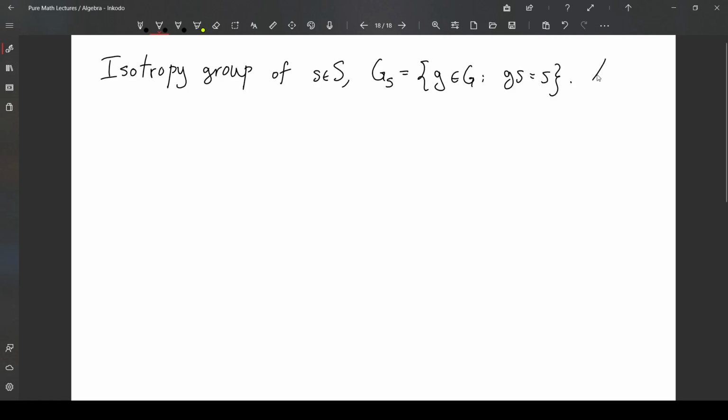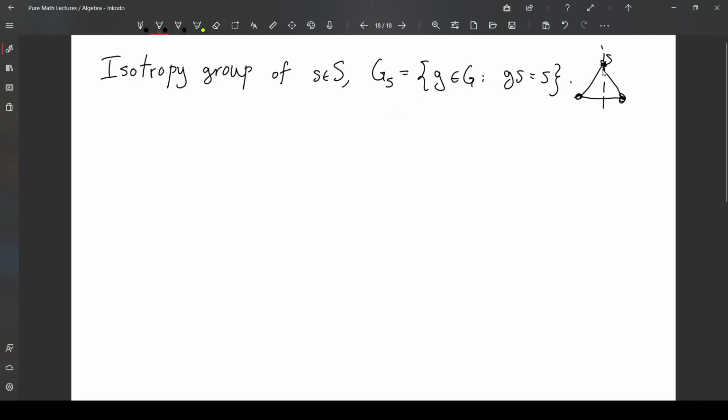So going back to this triangle example, if this is S, then clearly the identity is always in an isotropy group. Well, you need to prove that it's a group, but it is a group.